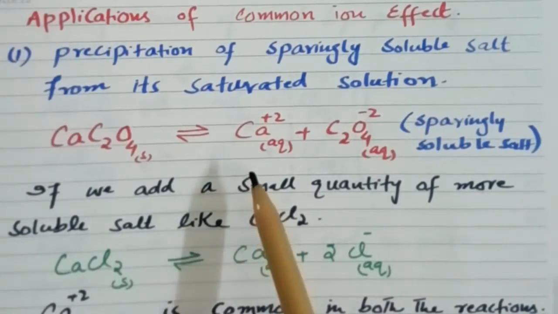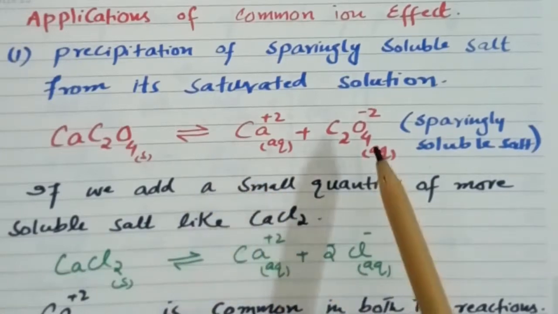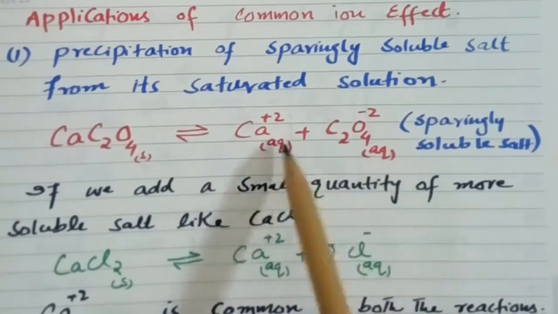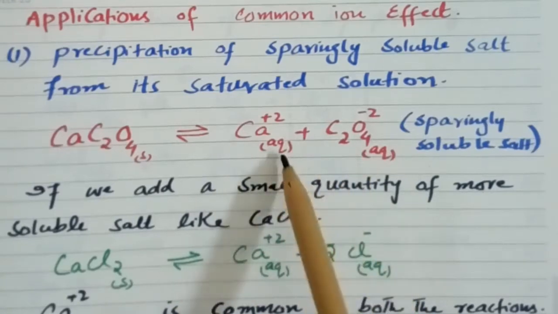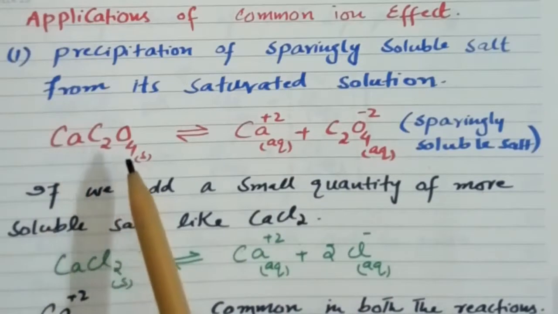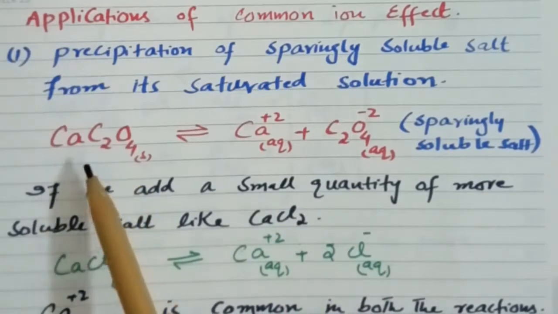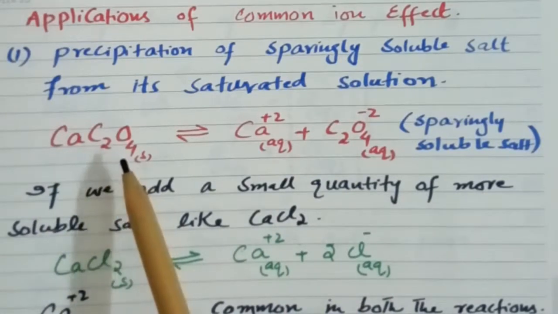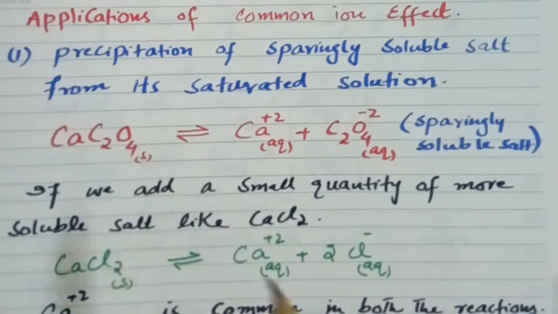So the concentration of calcium in the first reaction is increased. Again the first reaction will move in the backward direction, and more calcium and oxalate will react to form calcium oxalate. In this way calcium oxalate will be precipitated from its saturated solution.